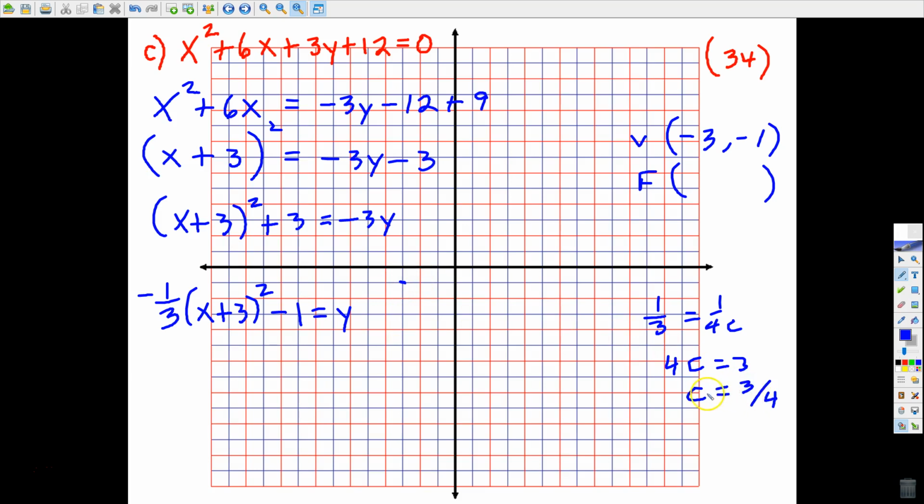So to get to the focus, this time I'm going to travel 3/4 of a unit, but I'm going down from there. So if I'm here at -3, -1, and I go down 3/4, where am I? What's that ordered pair?